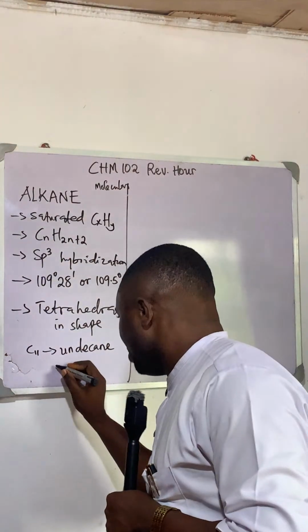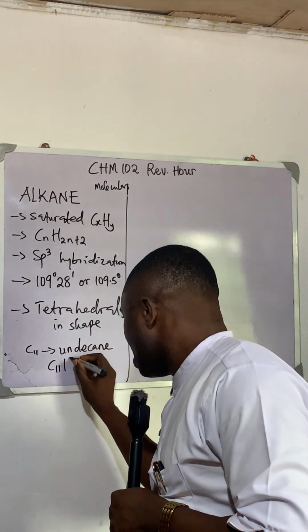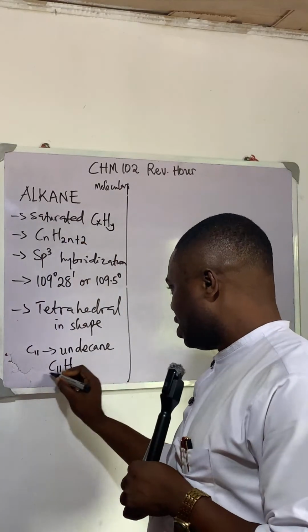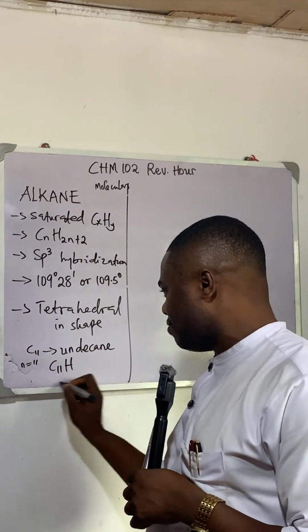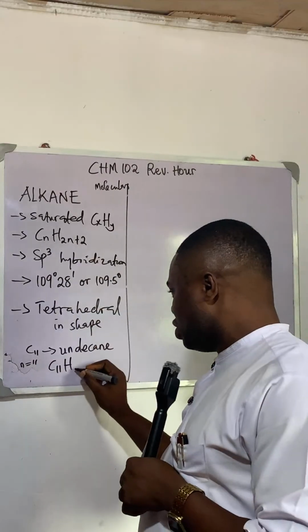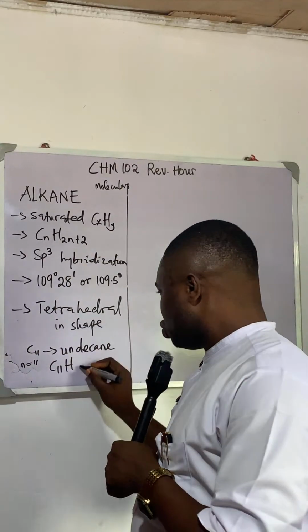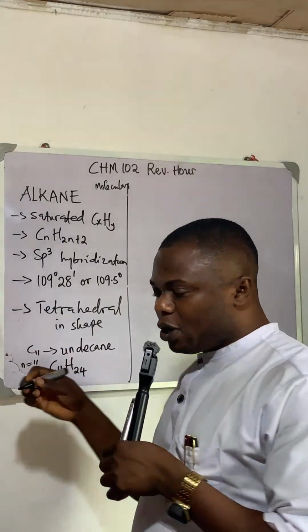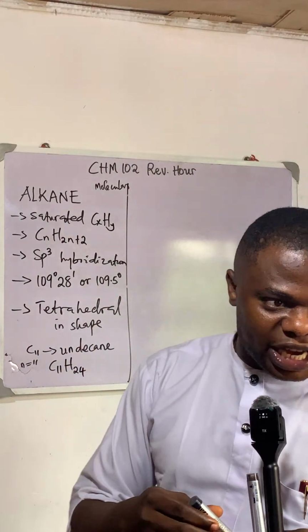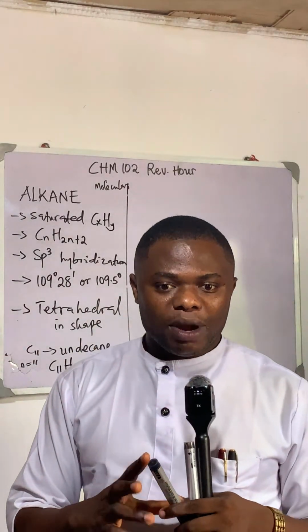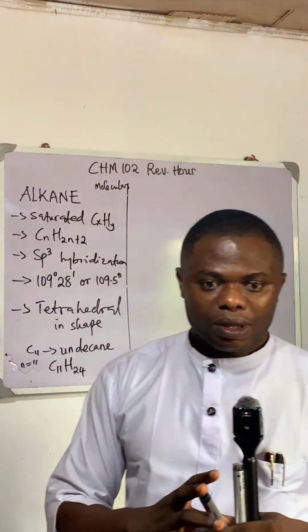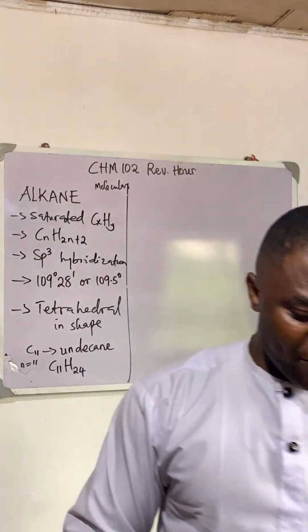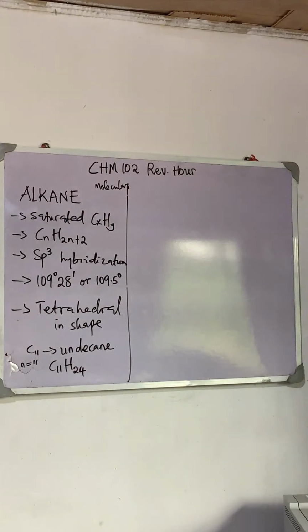So owing to this formula, it becomes C11H, remember it is 2n, meaning our n here is equal to 11. 2 times 11 is 22, 22 plus 2 will give you 24. That becomes the formula for what? Undecane. Are you seeing it now? That becomes the formula for undecane.